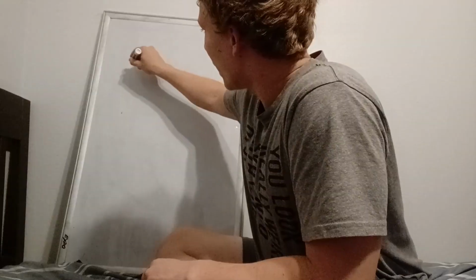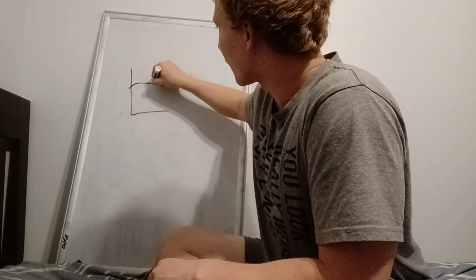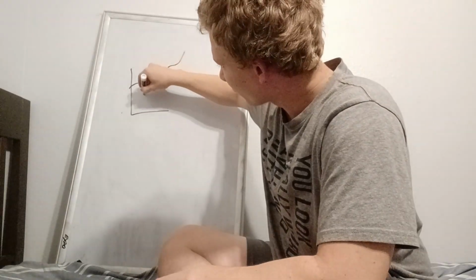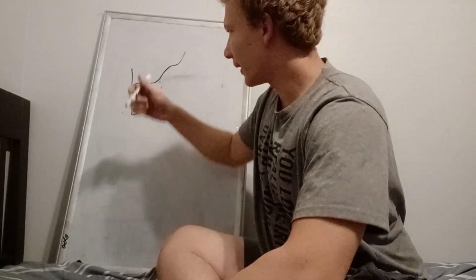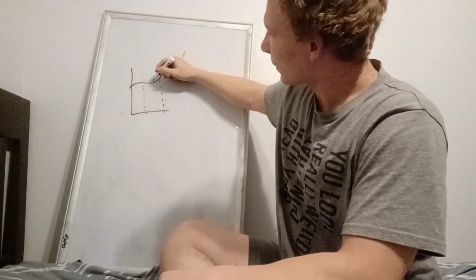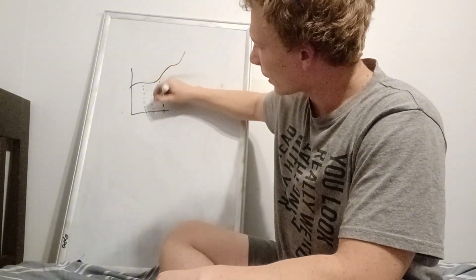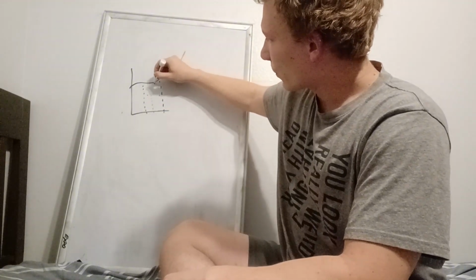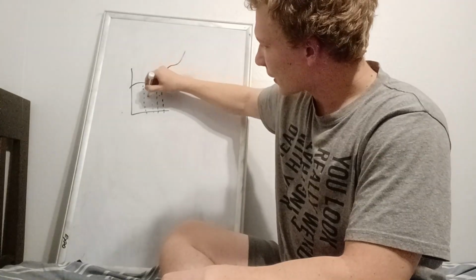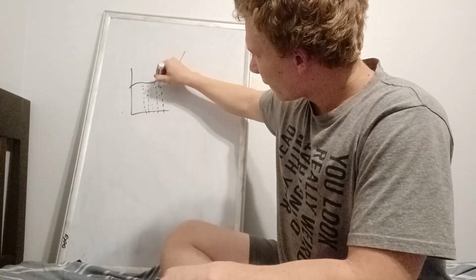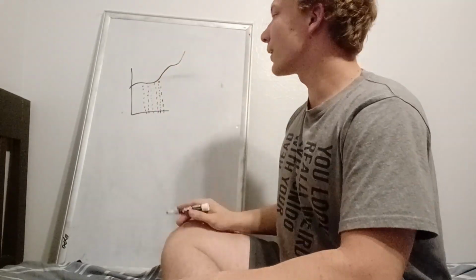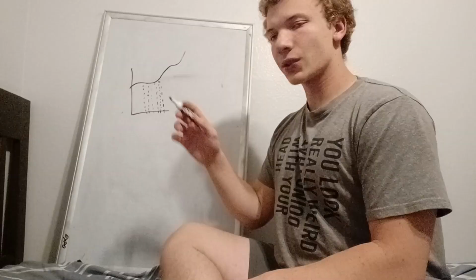Essentially, if you have a function, maybe it looks like this, and then you want the area from here to here, well, this area is going to be the same as the sum of these two areas, which is the same as the sum of these four areas. And the idea is that as you divide it into smaller and smaller areas and you zoom in, this chunk is infinitely slim.